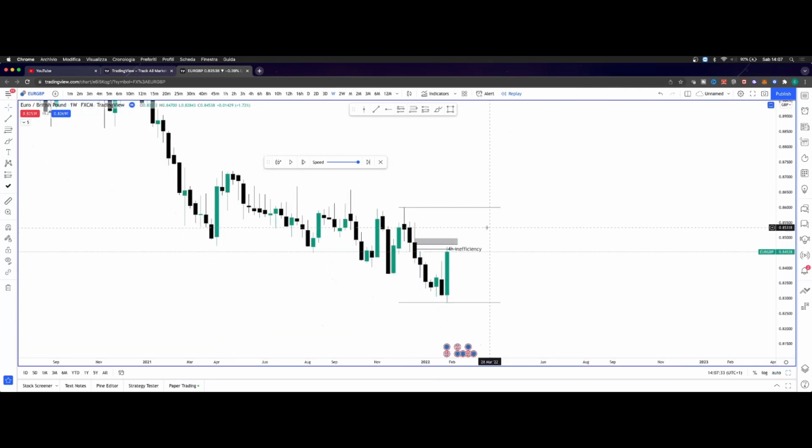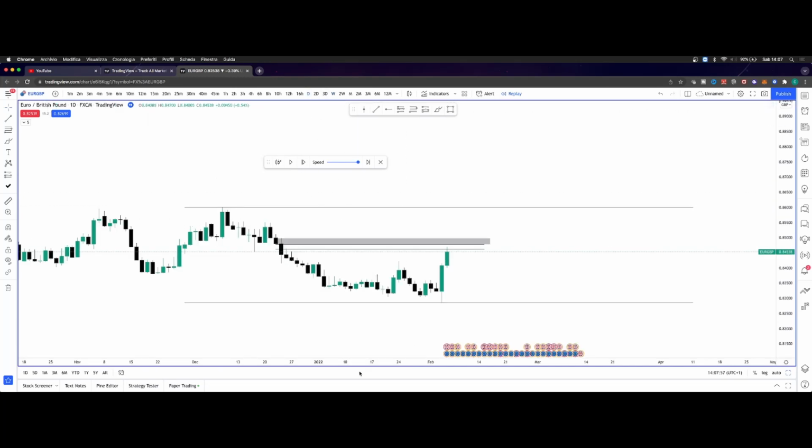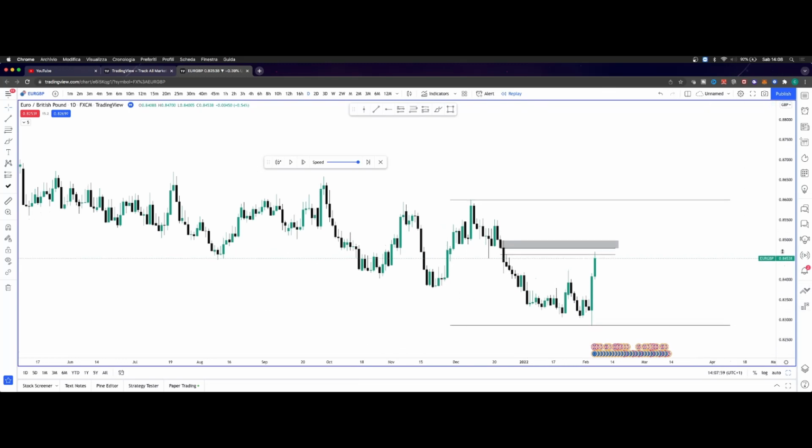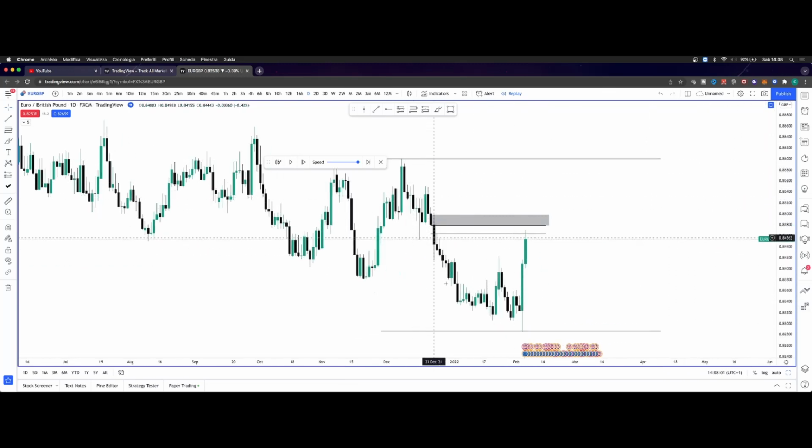Because the problem is that if you trade only with 4 hour, you are induced to think, okay, I'm in a buy bias, in an uptrend, and that's not true, because actually we are inside this big weekly range and inside the same things inside this daily range.